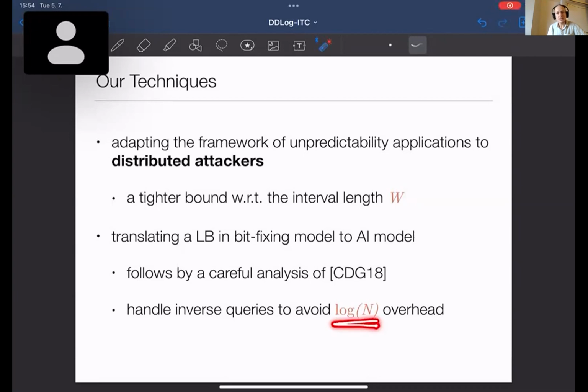But for us, we cannot allow that, because if we implemented the inverse queries via just the group operation and introduced this overhead, then for many settings of the length parameter w, we would get meaningless bounds. So we had to consider the variant of this model where we handle the inverse queries explicitly, but it's a technicality that can be handled, and it was fine.